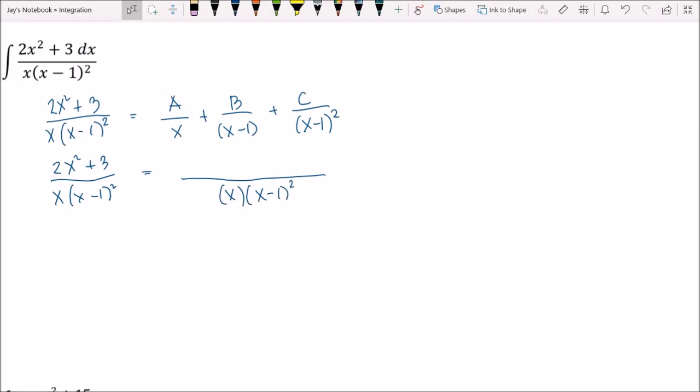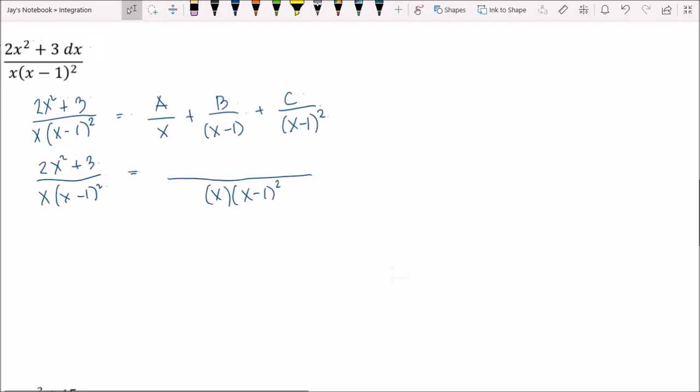So if you sum up all of these fractions, you can say that A times (x minus 1) squared plus B times x times (x minus 1) plus Cx. Okay, so please review your algebra on adding fractions.